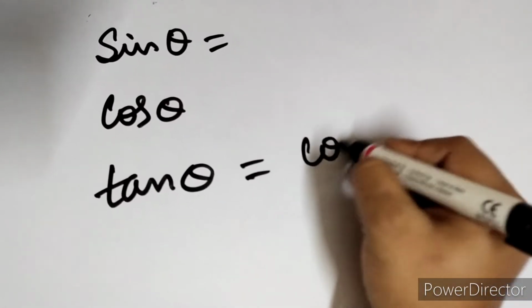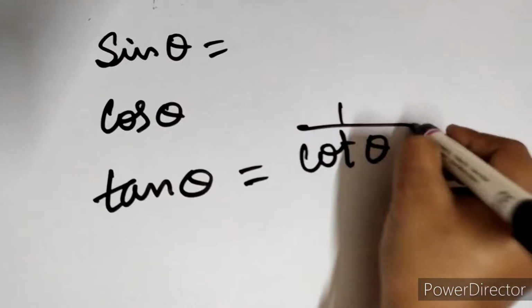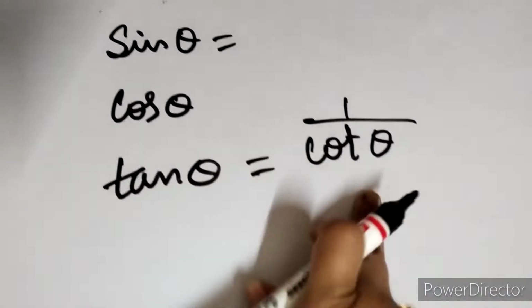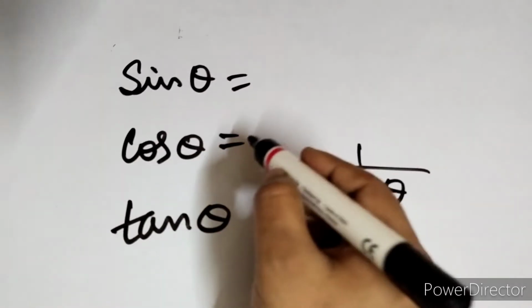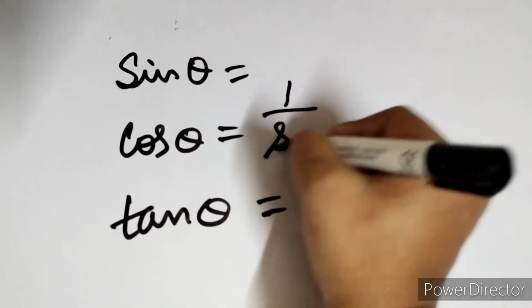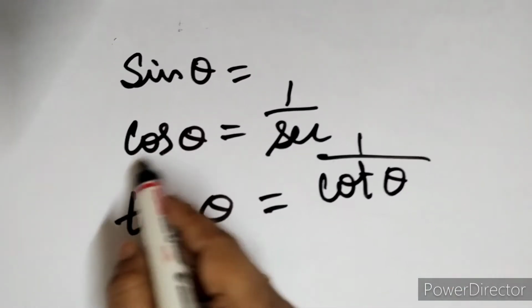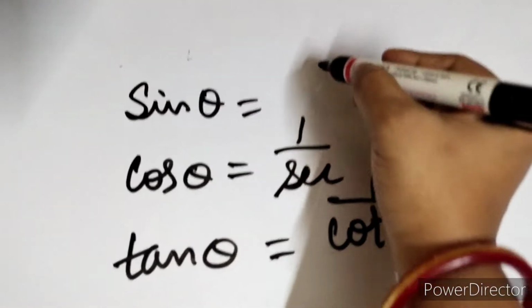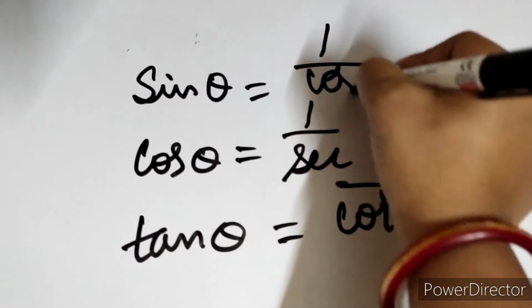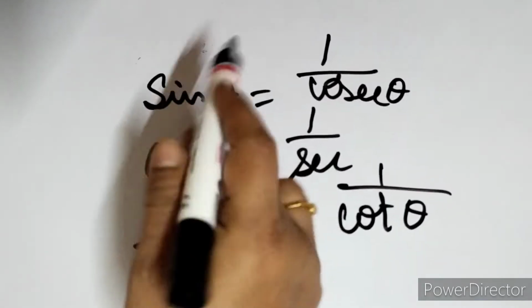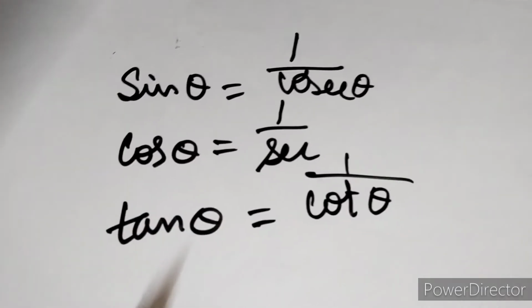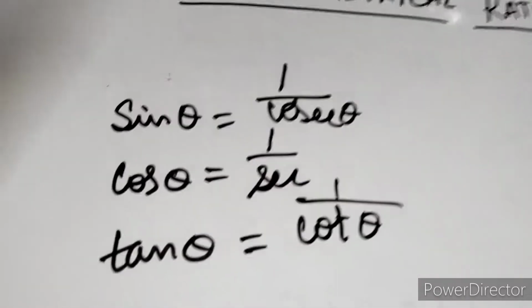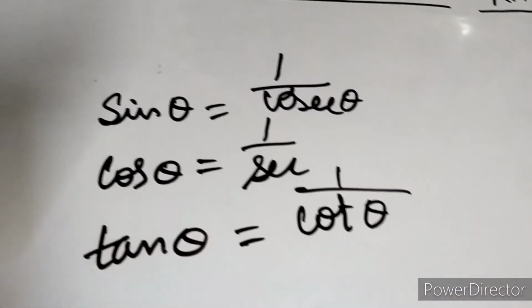See here in tan theta t is there, and in cot theta also t is there. So you can remember like this, t and t. In cos theta it is sec theta, c and s is there, cos sec, and sin is cosec. See here also cosec, tan, cot. Like this you can remember, okay?